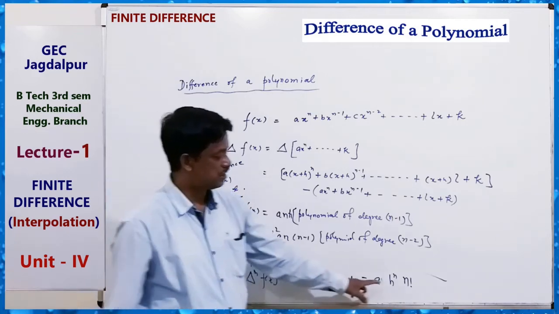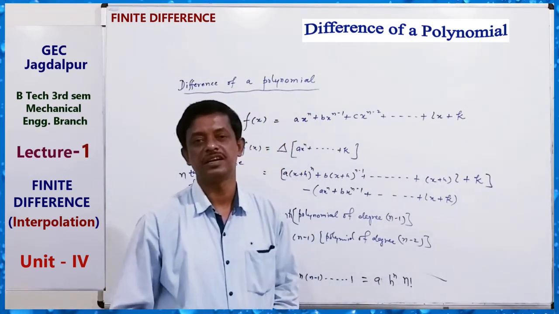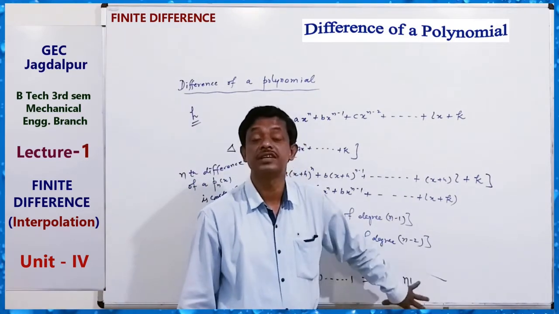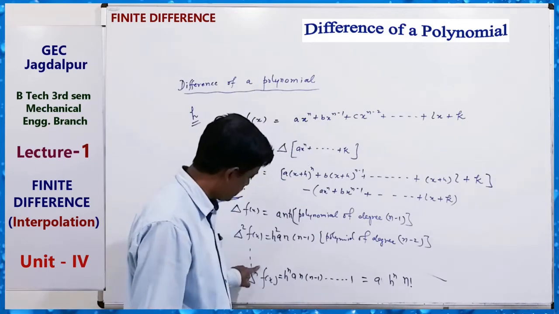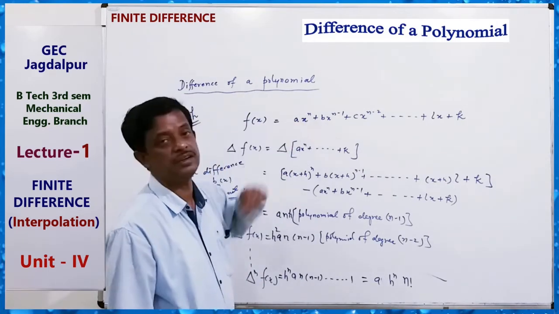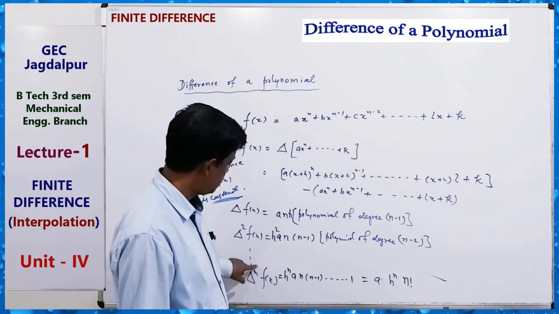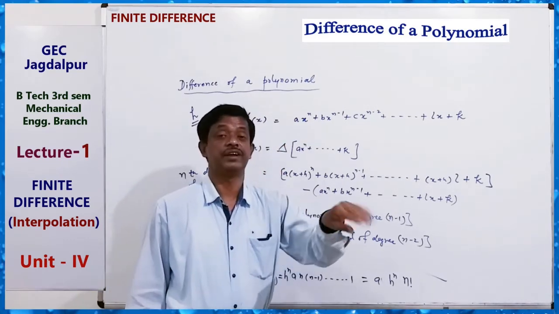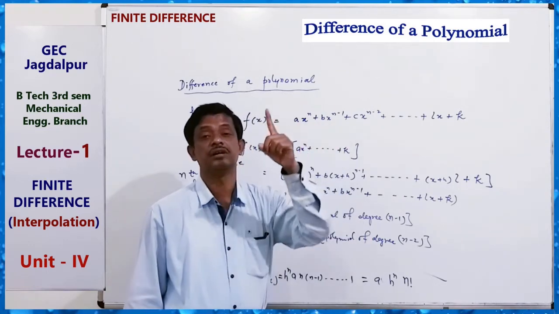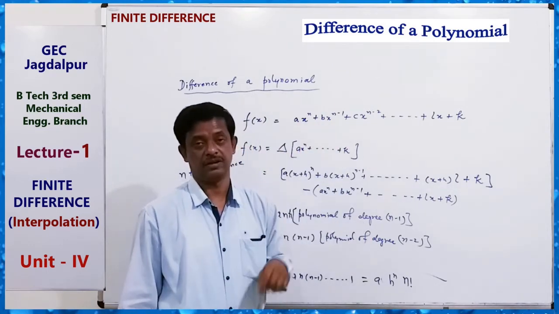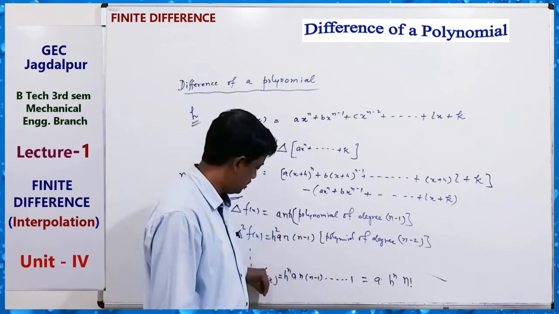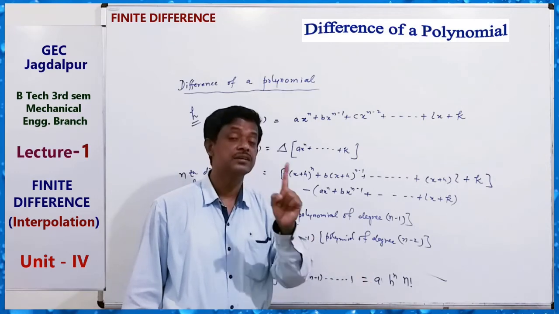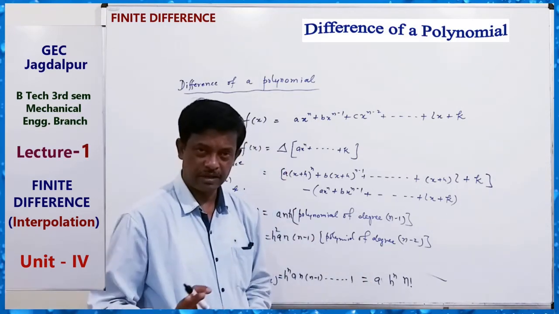This constant means no terms related to x: a h to the power n factorial. This is a constant. So the nth difference of f(x), an nth degree polynomial, the nth order difference of an nth degree polynomial is a constant always. Clear?